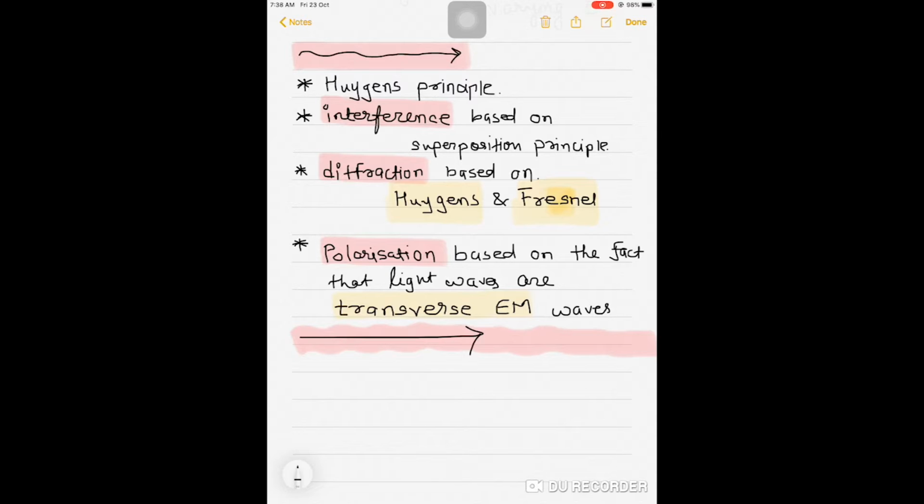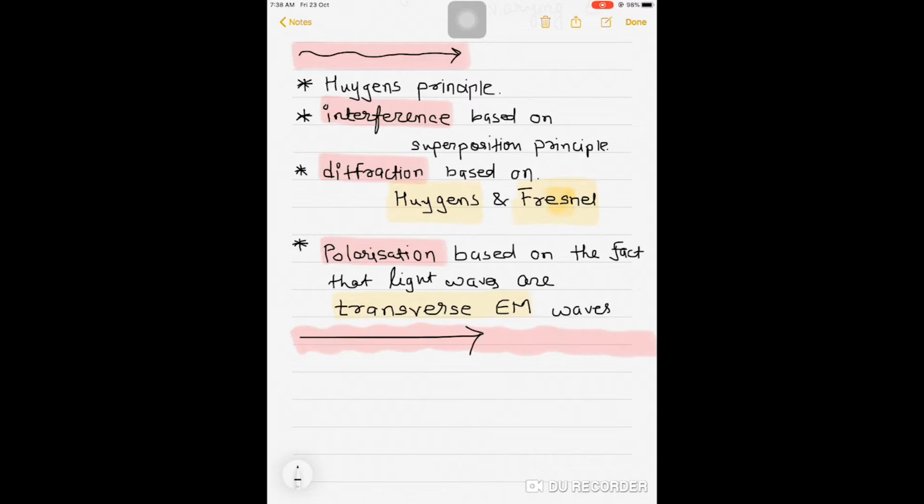Now it has been established that for some phenomena, light is considered to be like a wave, and we have understood the words like interference, diffraction, and polarization, which are the phenomena which require the wave theory of light.